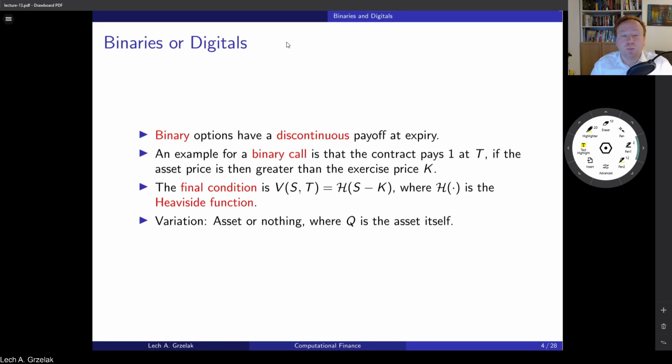If we look at the European type of options, for example a call option, we will have a strike K. Here we have S_T, so this is a payoff function. Here we have K, so the payoff graph will be as follows.